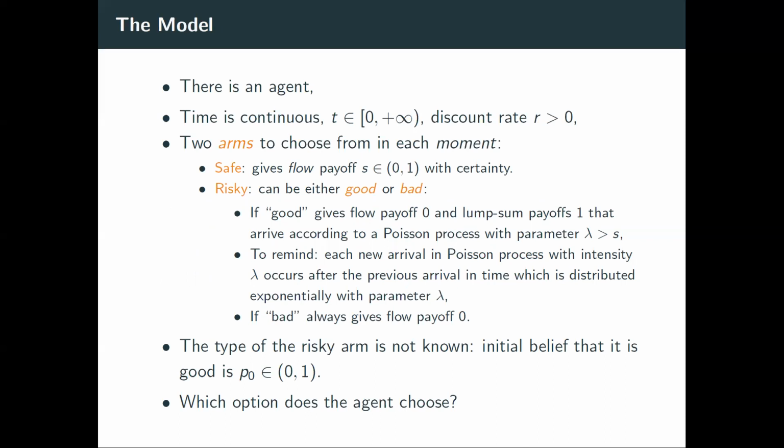This agent is exactly the one for experiment. Time will be continuous. From today, we'll have continuous time models, and the horizon is infinite, and the discount rate is just some positive r.